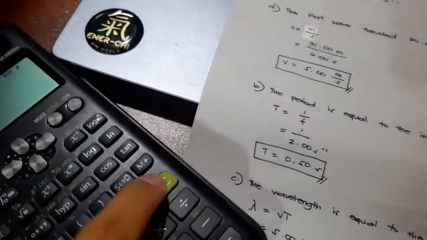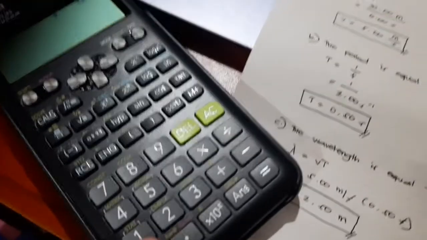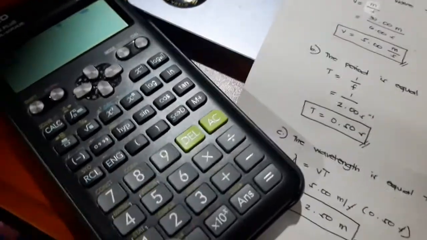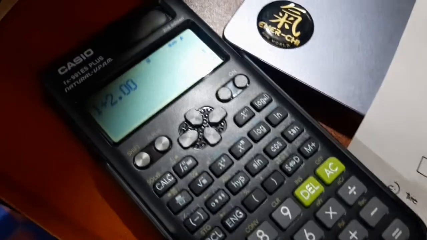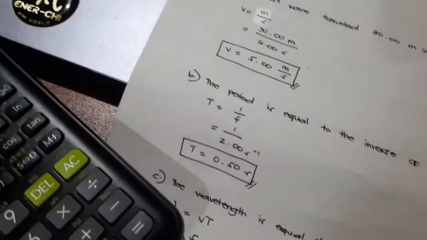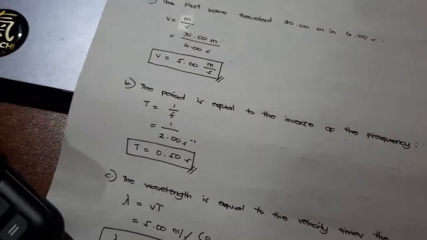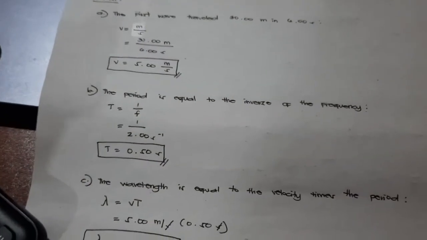Calculate. 1 divided by 2 is 0.5 seconds. So our period of the wave is 0.50 seconds.